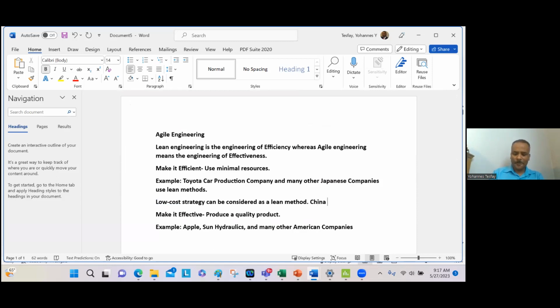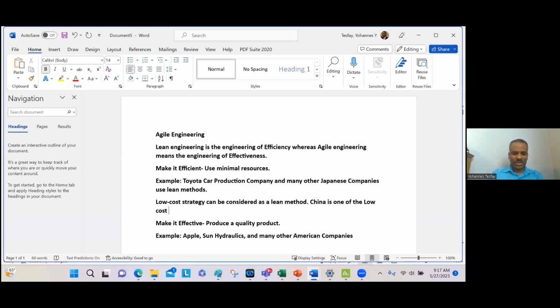China is one of the low cost strategy countries. China is one example of low cost strategy innovators.